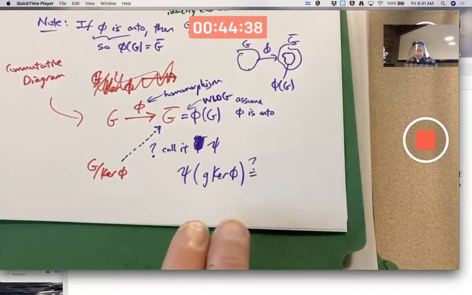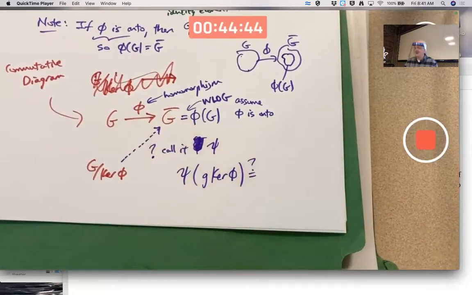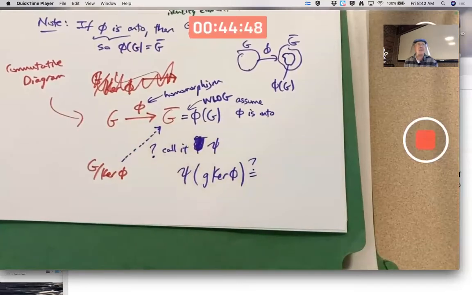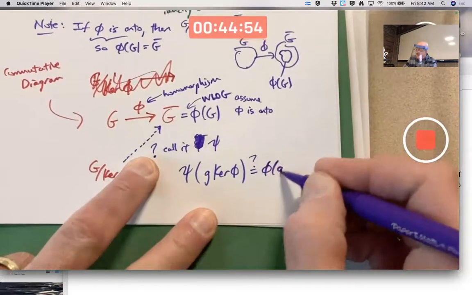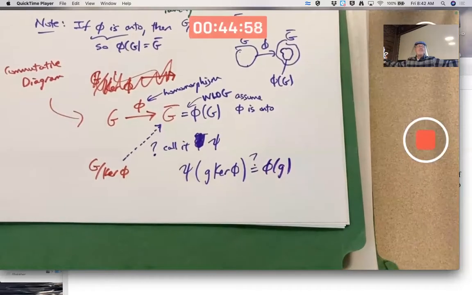What's a way I can take the symbols, the G and the phi, where G is an element of capital G, and make an element of G bar? Phi of G. That's like the only thing to try. But hey, if you try it, you do need to show it's well defined.